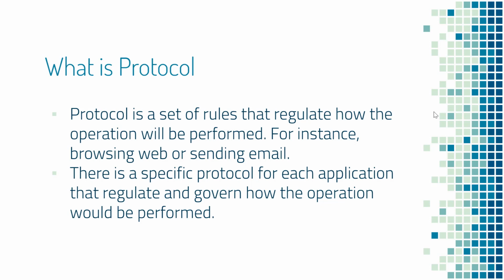For example, if we have two people, one of them speaks English and the other speaks French or Spanish, and we want to make both of them communicate with each other, in this case, since they have no idea what the other is talking about, they will not be able to communicate. To make these two people able to communicate, you have to have at least a common language that they can use.